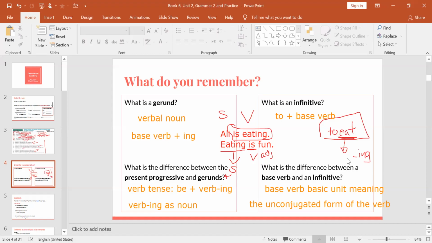So "like" is also a verb, and then "to eat" is the second verb. And so the second verb becomes kind of timeless, so to speak, an unconjugated form of the verb. So that's the infinitive. So it serves a grammatical function, and the base verb is just the basic unit of the meaning of a verb that can be changed by adding suffixes to it. Okay?